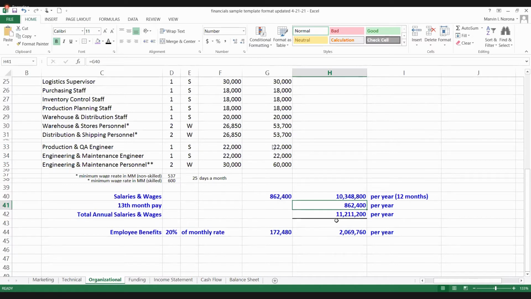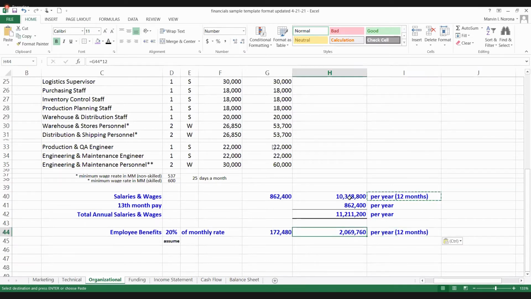Ito yung total salaries and wages. Okay. Benefits you can assume here. Assume na lang ninyo. So, let's say 20%. Assume. So meron times 12 ulit. So meron na kayong per year.